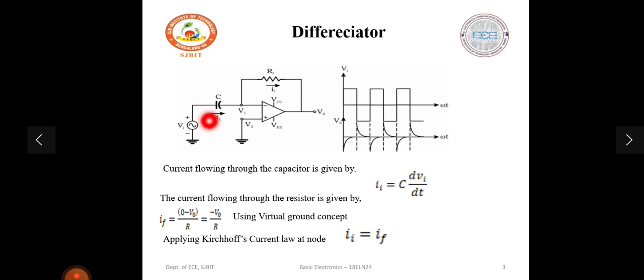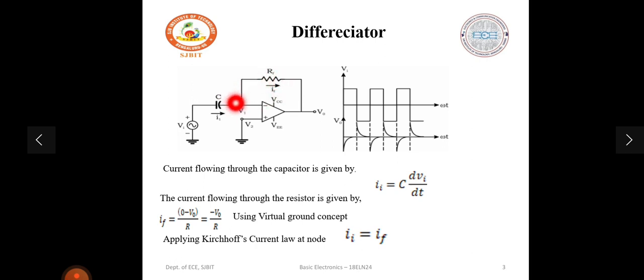With this, we can have a look at what the differentiator does. The differentiator may be constructed from a basic inverting amplifier, where the input resistor R1 is replaced by a capacitor C1. Now let us have a look at the output voltage that the differentiator produces.